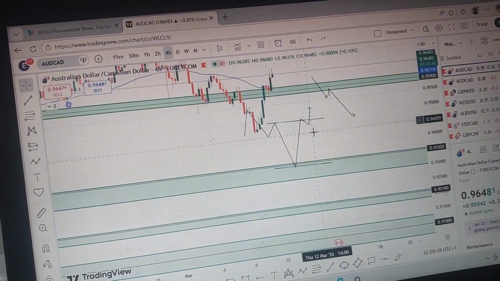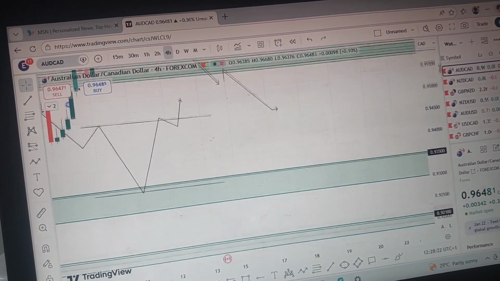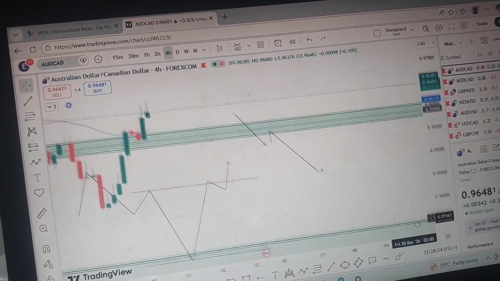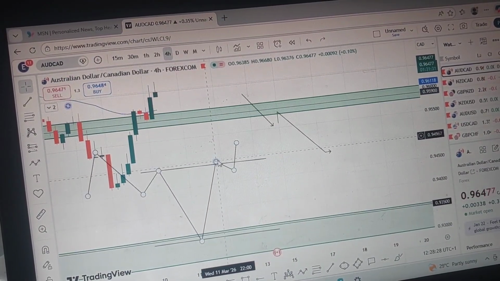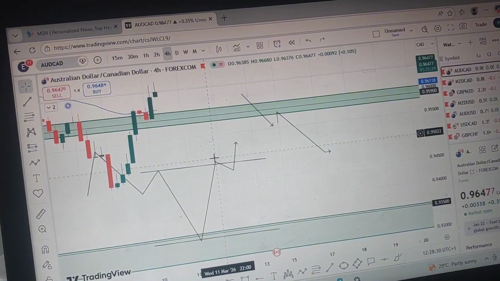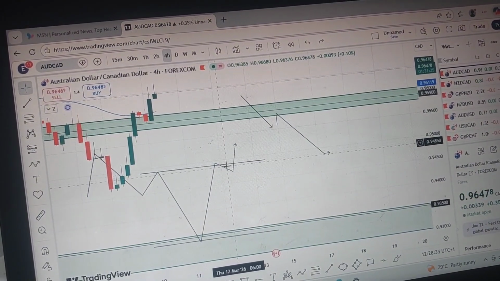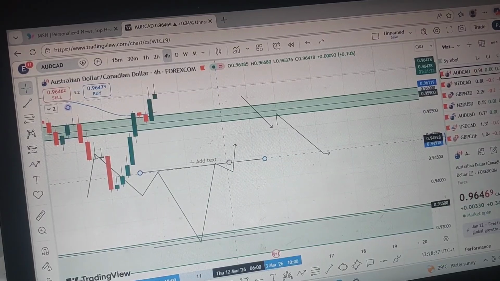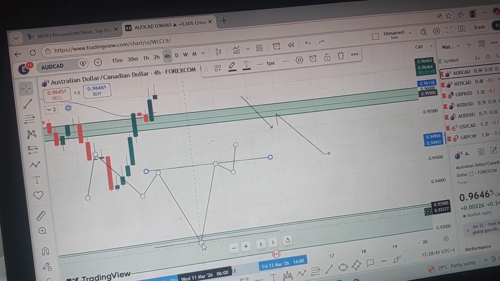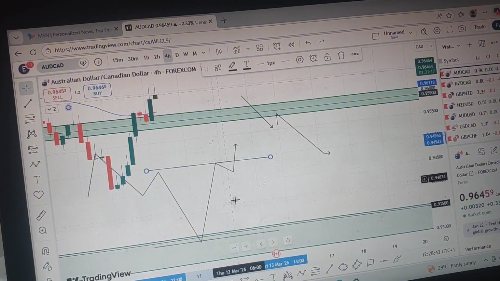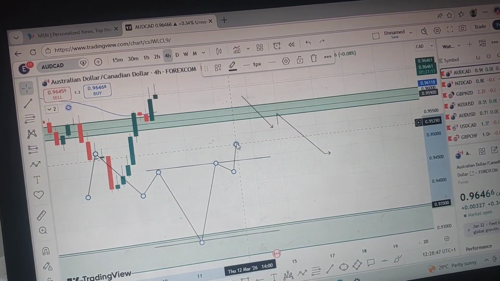You can see the market took it out. Let me zoom out. The market took it out, shifting this market from bearish to bullish. Now this becomes the new higher high, and this becomes the new higher low here. So this was what I was saying.